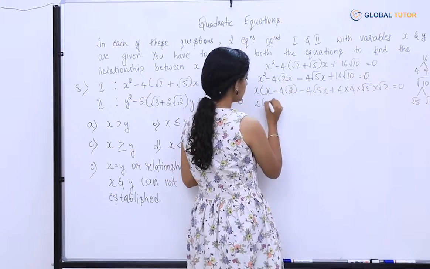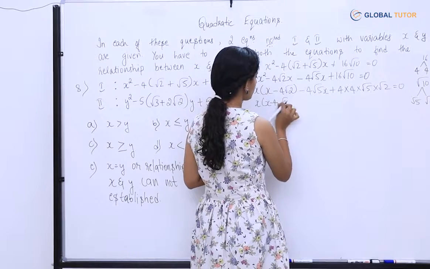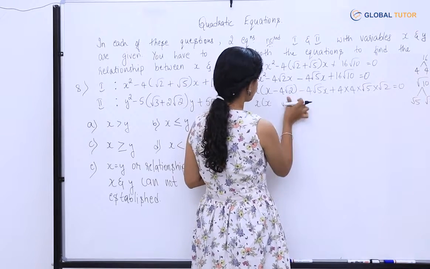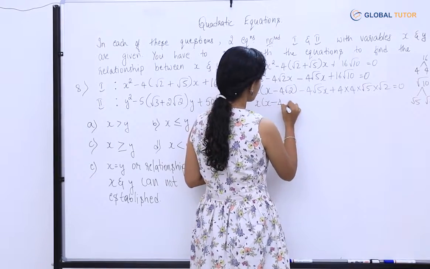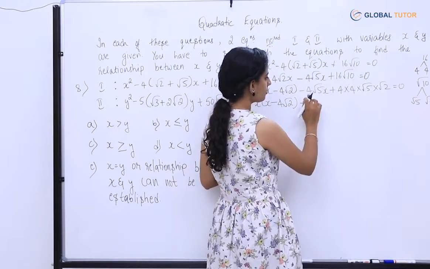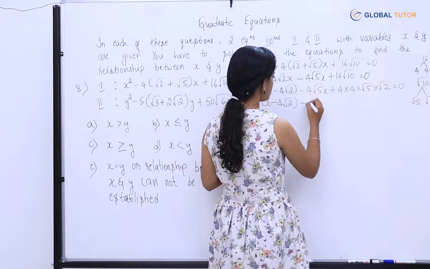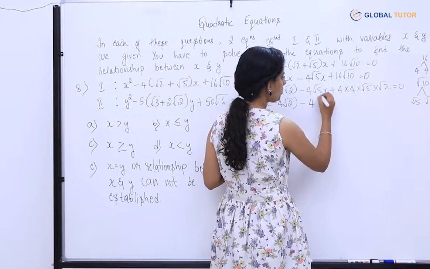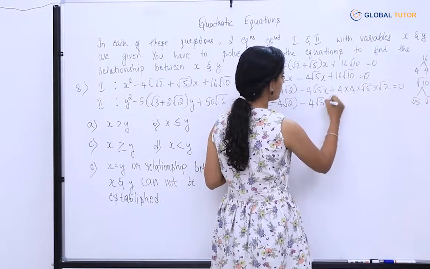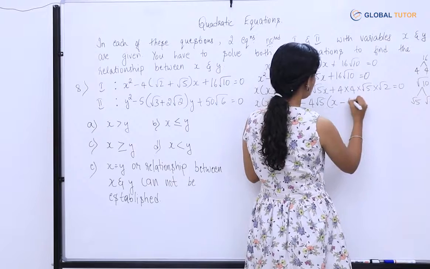So x into x minus 4 root 2 minus, here I can take minus common and 4 common. I can also take root 5 common. So minus 4 root 5 common, I'll be left with x minus 4.